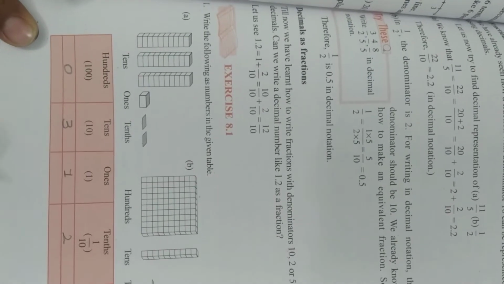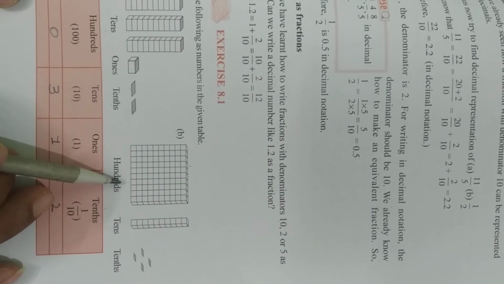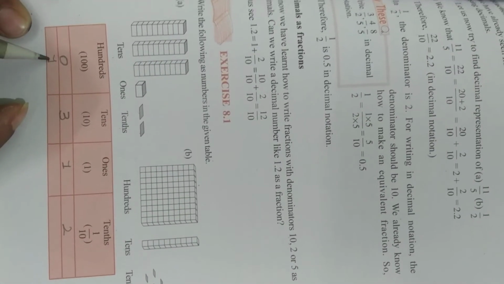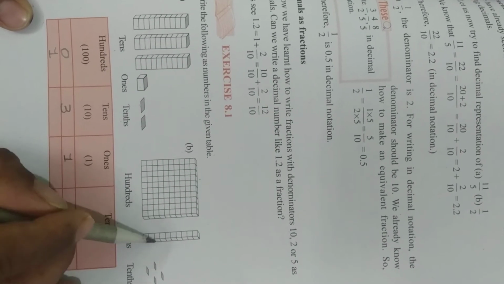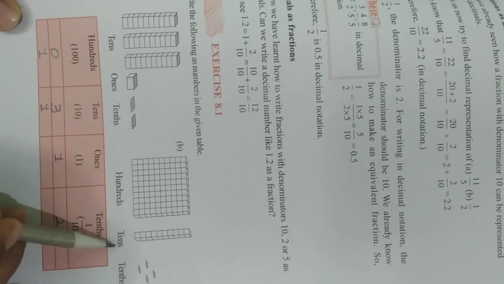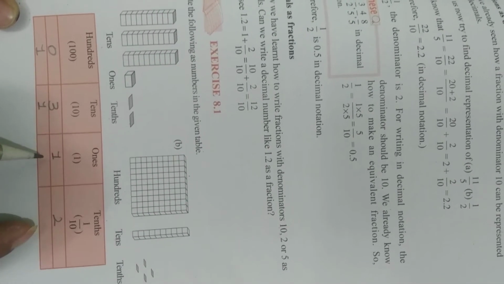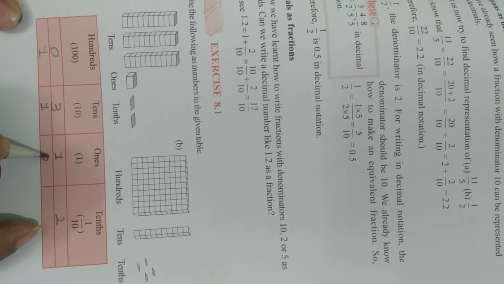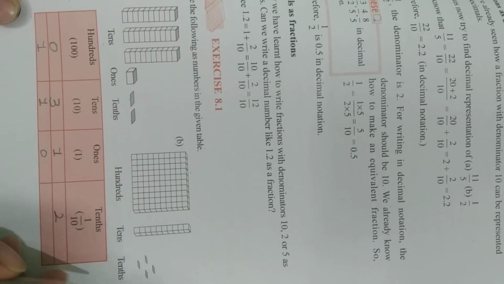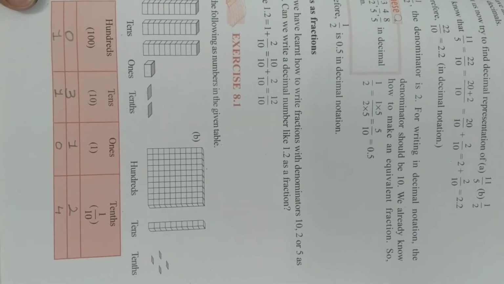So got it. Now see the second, hundreds, right? How many hundreds? 1. Then after tens, there is no tens. So for that what we have to take? 0. And how many tenths? 1, 2, 3, 4.